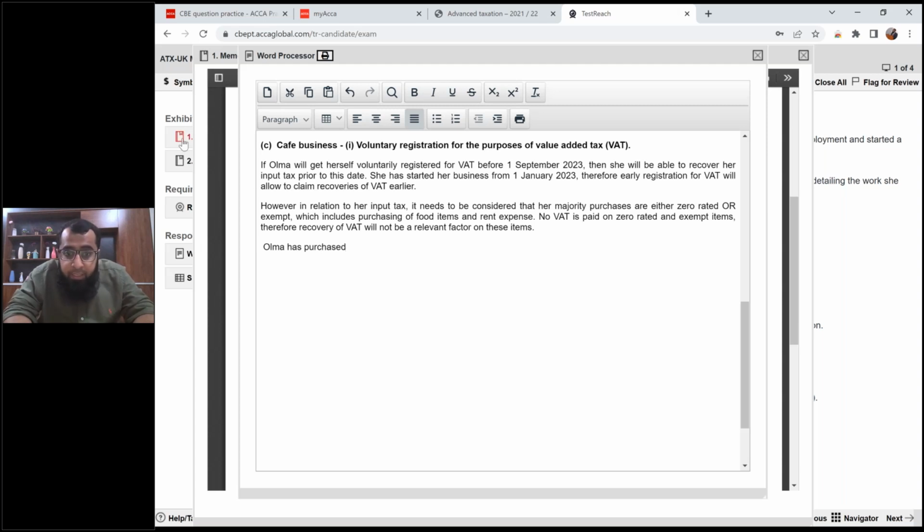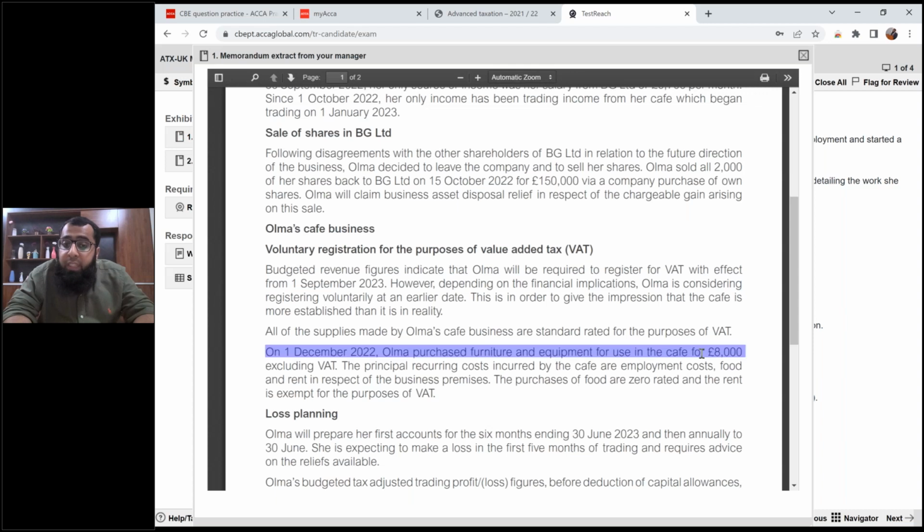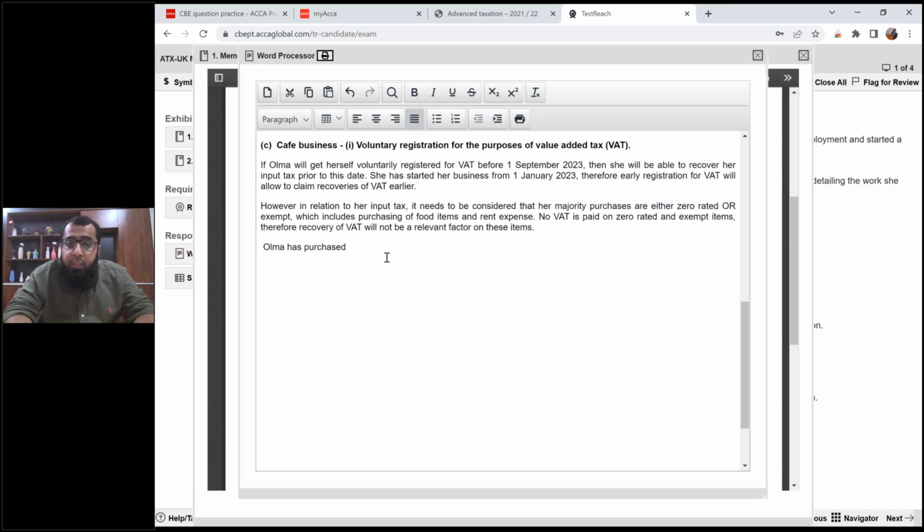Okay? Alma has purchased furniture and equipment for use in the cafe for 8,000 pounds, excluding VAT, on 1st December 2022, and paid VAT on them of how much?